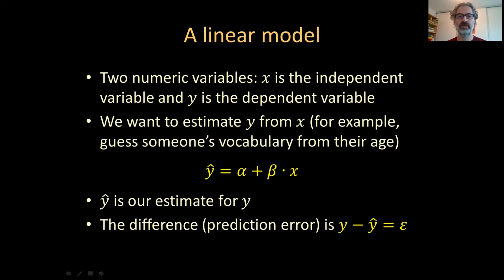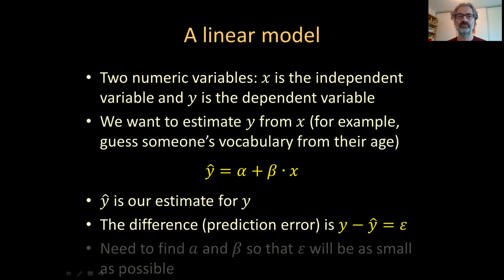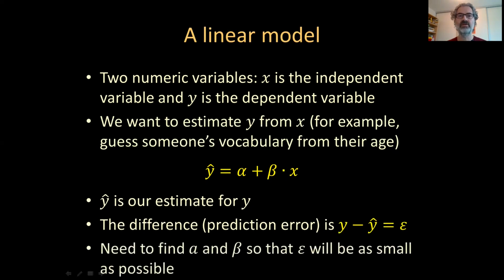And we use the Greek letter epsilon to indicate the error. So the point of this analysis is to find alpha and beta here so that the prediction error will be as small as possible. We will minimize the residual. Let's see in an example what this means and how it might work.